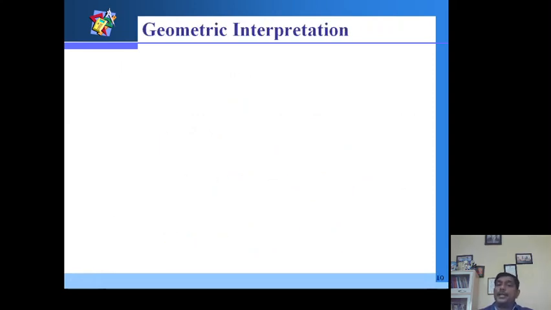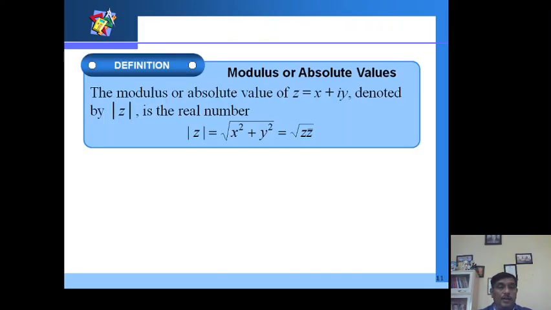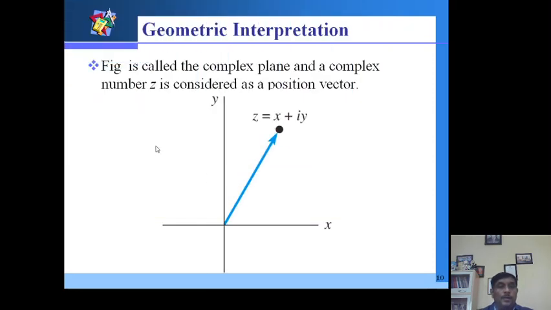Some geometrical interpretation of the complex number. Here you can observe the following figure, which is called the complex plane. We can say that it is a complex plane or Argand plane, because Argand introduced this pictorial representation of a complex number, that is z equal to x plus iy.